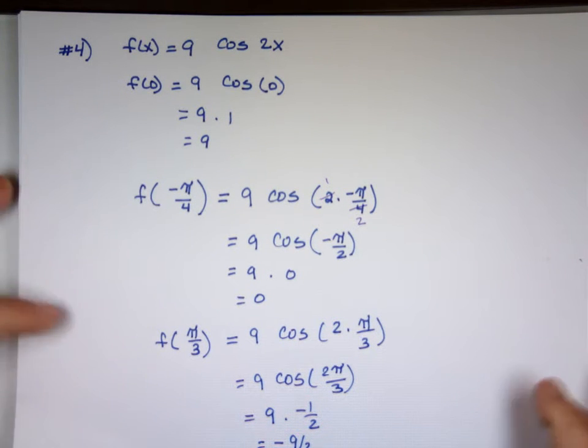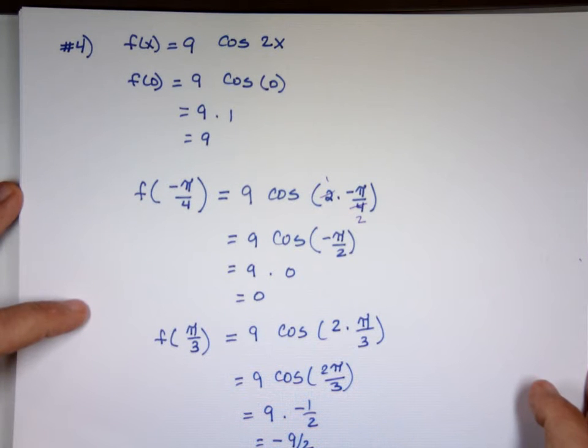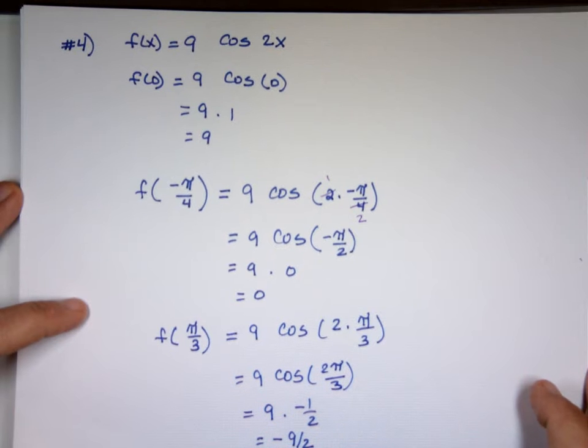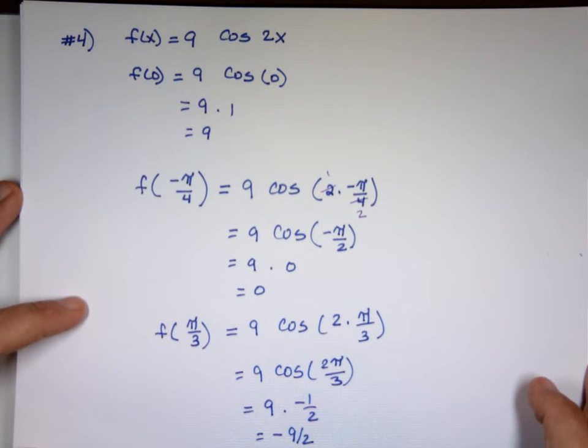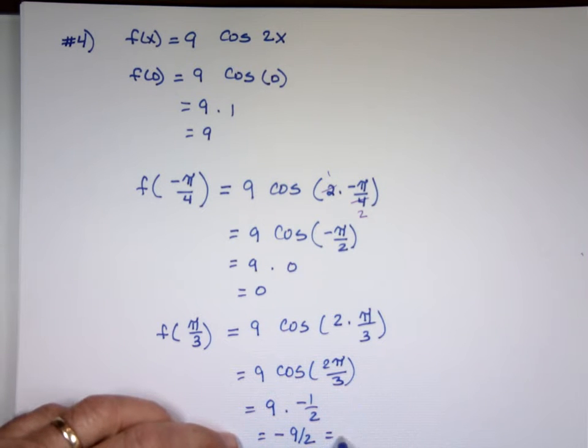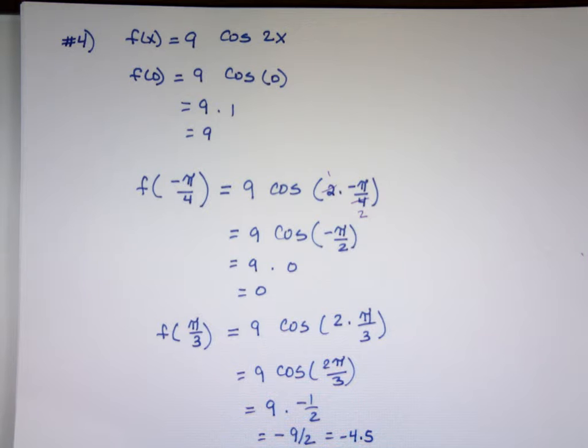Unless it says write your answer as a fraction. It says simplify the result, and that's simplified. If it was 1/3 and 0.33, they're not the same. That's a rounding. So that's the answer to number 4.